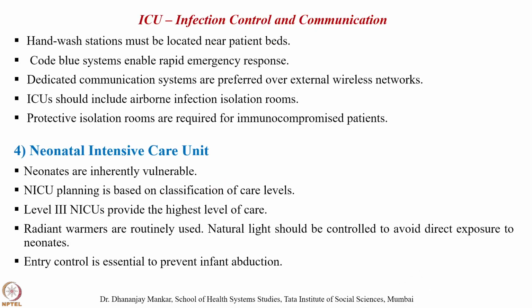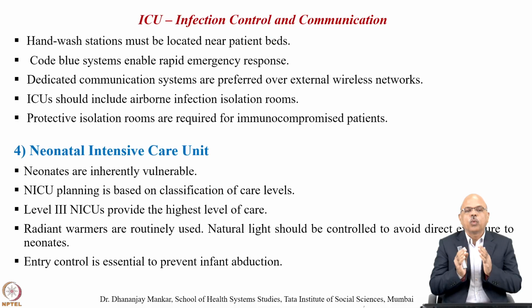With respect to infection control and communication, what are the norms that we need to understand for the ICU? Handwash stations must be located near the patient bed to reduce HAIs. A code blue system enables rapid emergency response when you identify that the patient is in trouble.